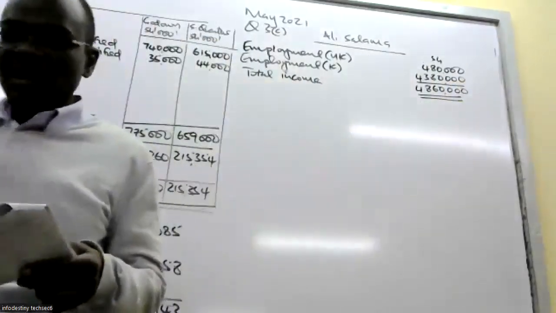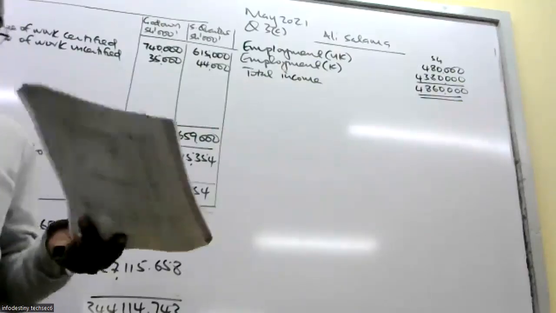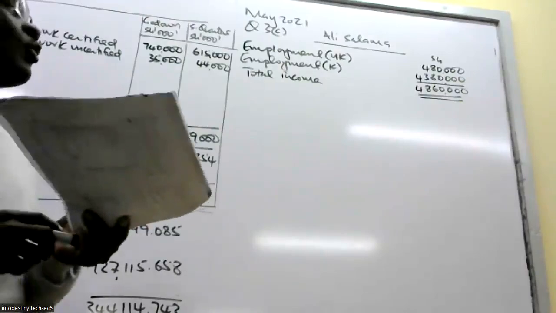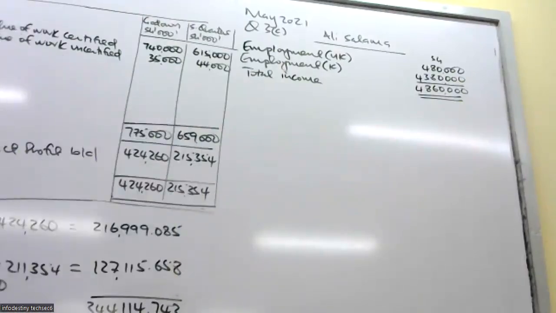We use the graduated scale to find the tax. So you look for A first. A will be the difference between tax on total income minus tax on income from Kenya. Element B, for comparison, we already have: the tax that was paid in the UK, which is 80,000.